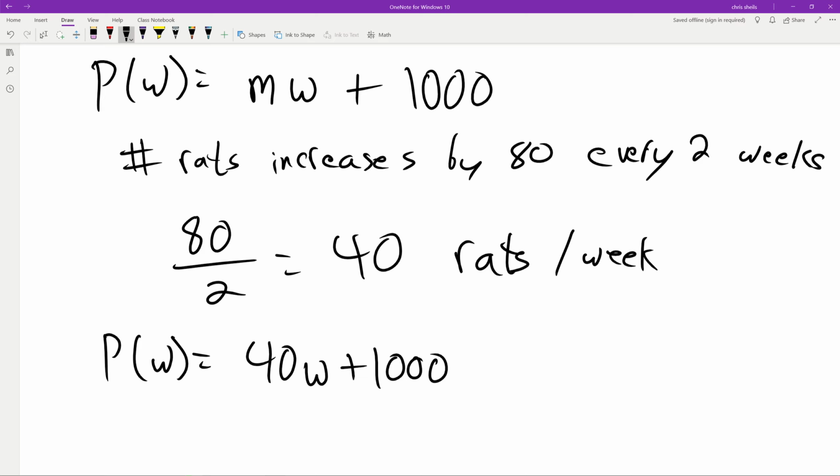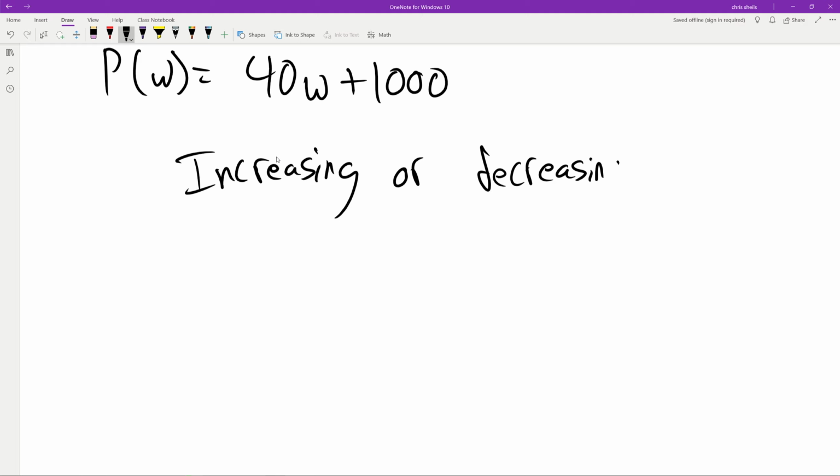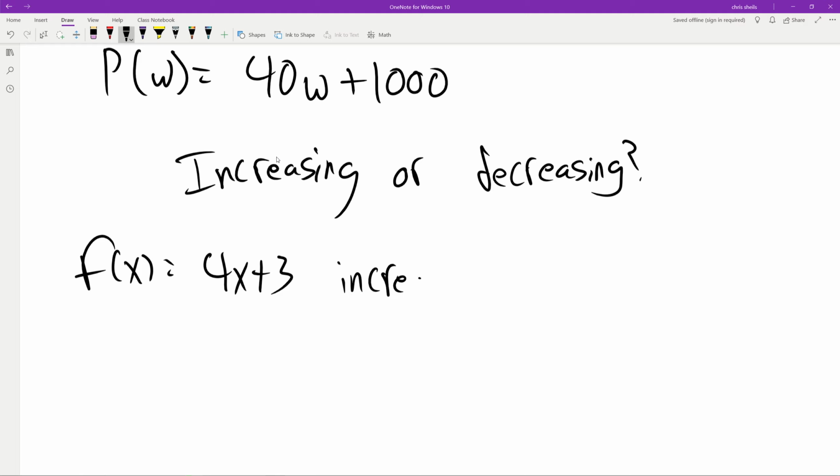And let's just look at a few more examples here. Let's look at some functions and determine, are they increasing or decreasing? F of x equals 4x plus 3. Notice that my slope here is positive, so this is increasing. K of x equals negative 4x plus 1.